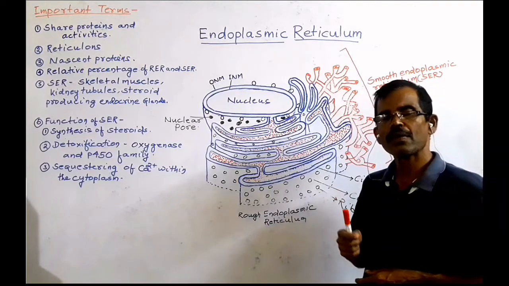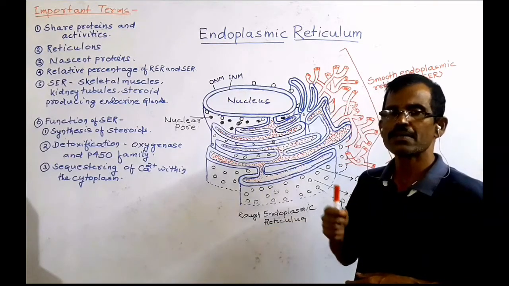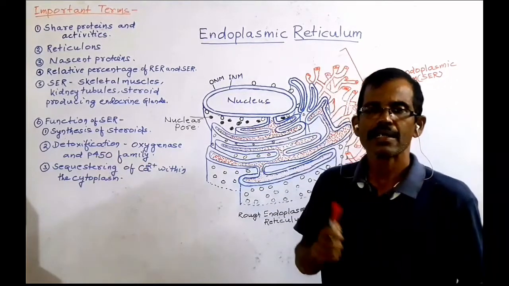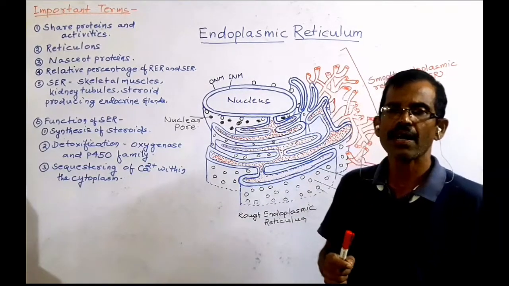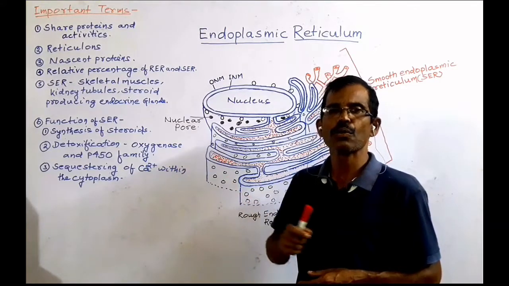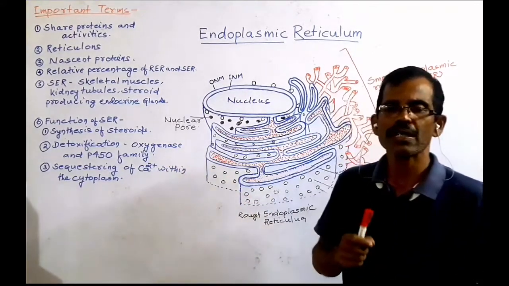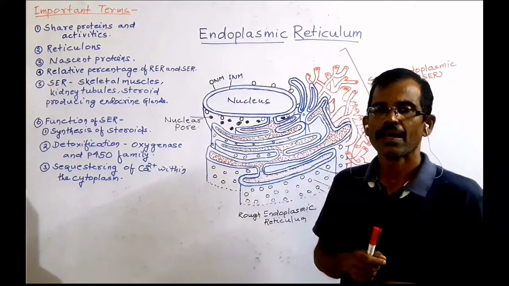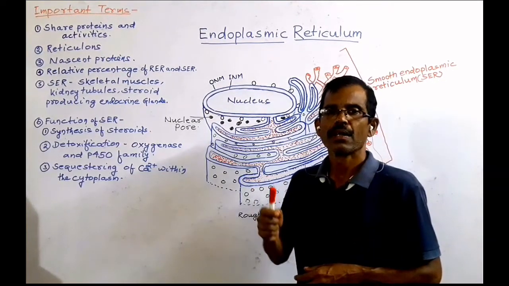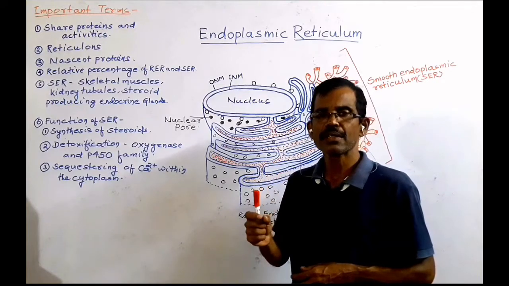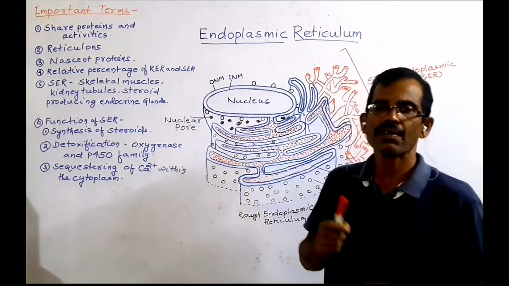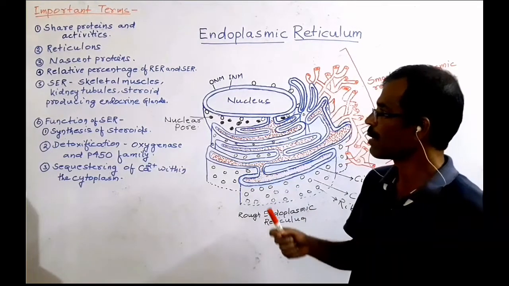Another important function of smooth endoplasmic reticulum is detoxification. SER detoxifies a wide variety of organic compounds including barbiturates and ethanol. Excessive consumption of ethanol leads to the proliferation of smooth endoplasmic reticulum in the liver cells of human beings.